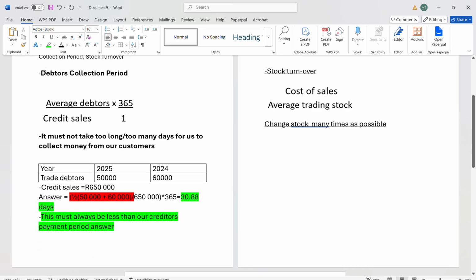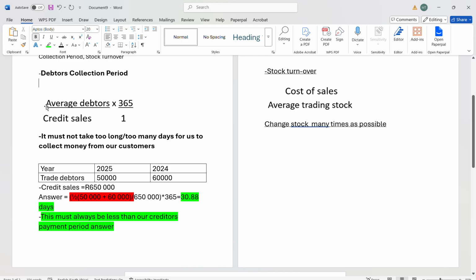So first of all, we have our debtors collection period. It means the number of days it takes us to collect our cash from our customers or our debtors.